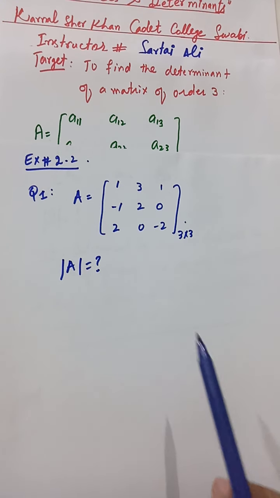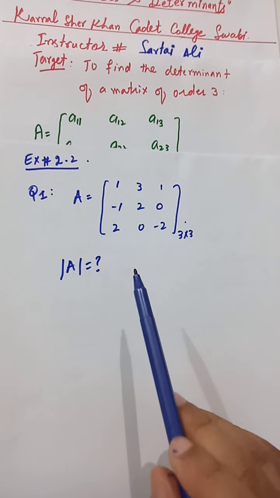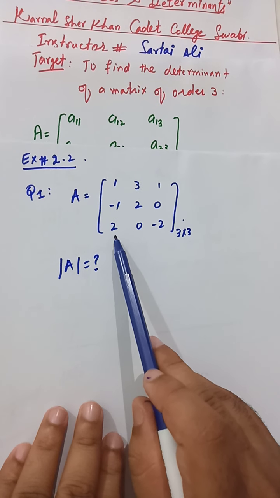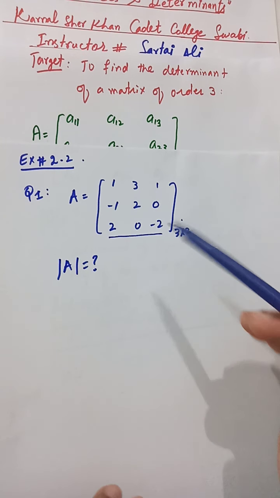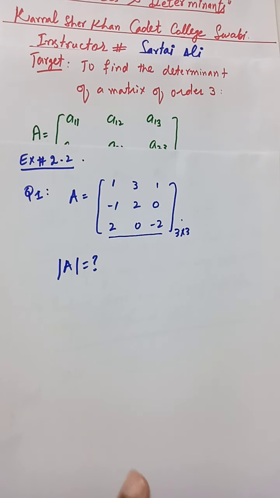Here you see that the best possible way is to find the determinant of this matrix using the third row or third column, because the third row contains 0 and the third column also contains 0.